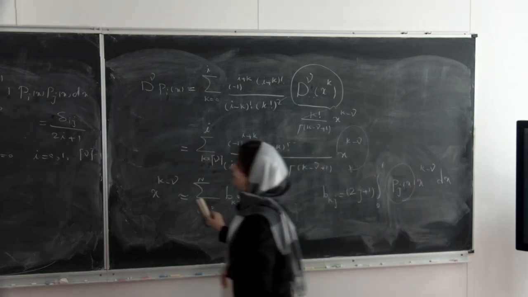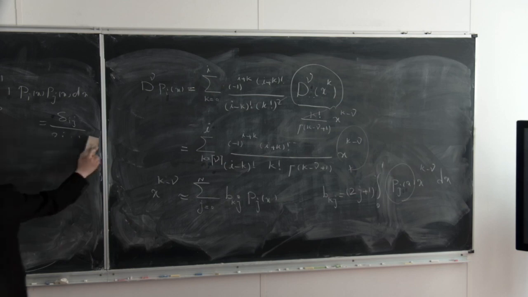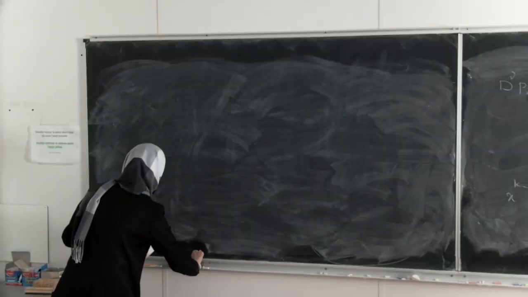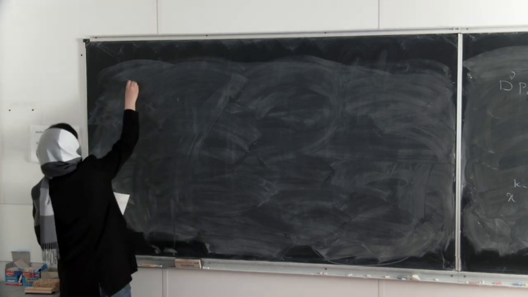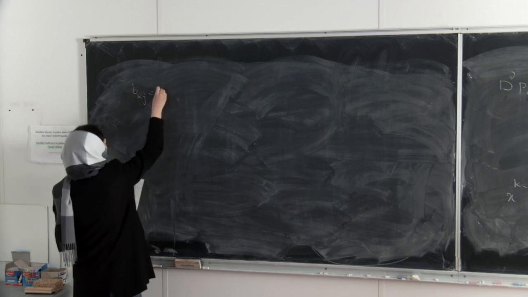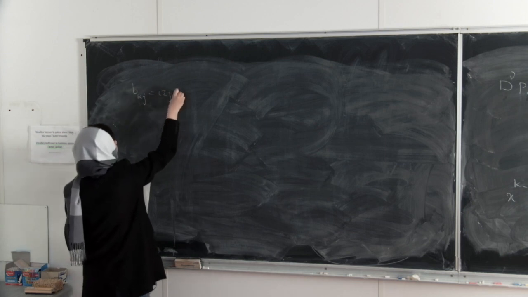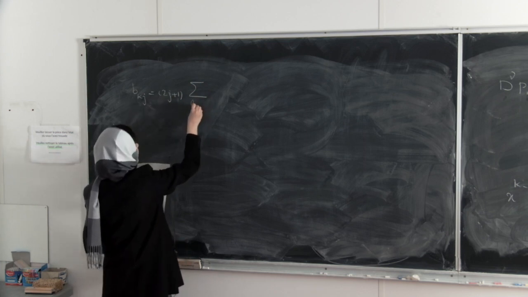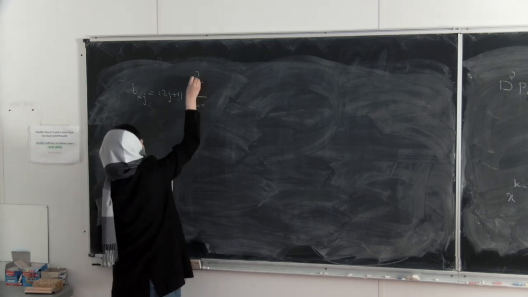So we have b k j equals 2j plus 1 times the sum over L from 0 to j.